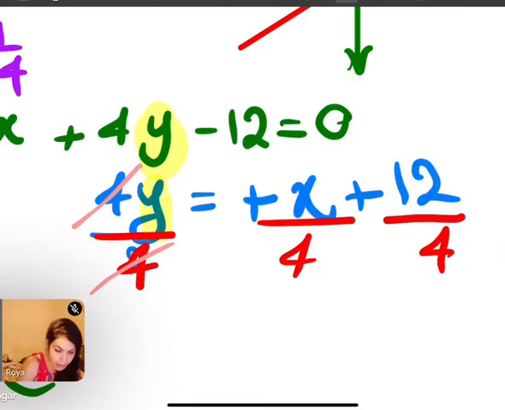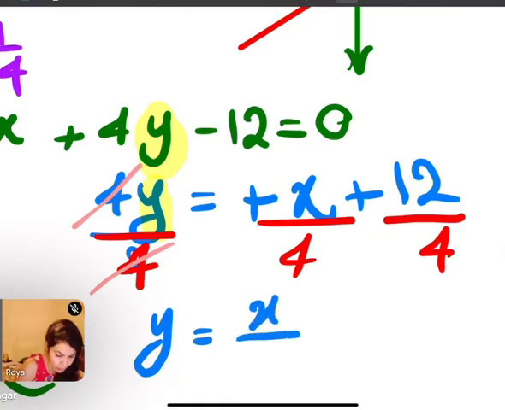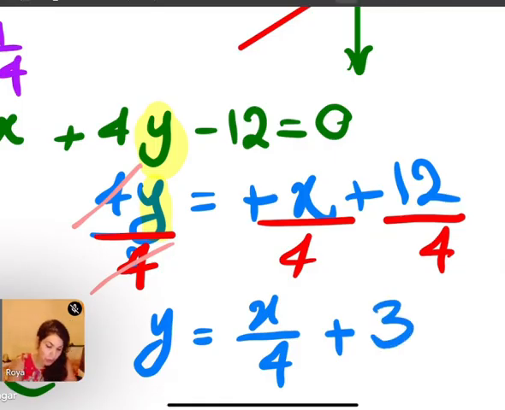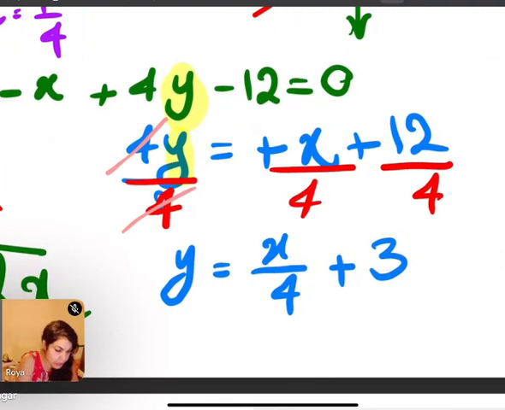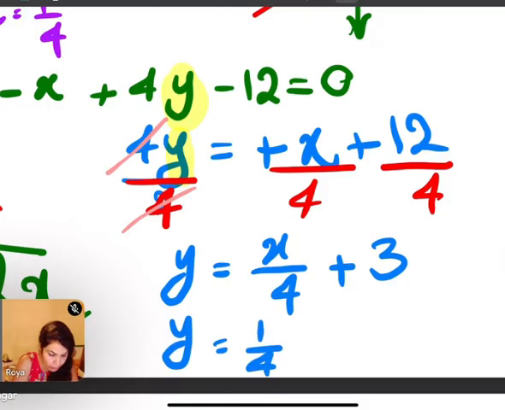And we have y equal to x over 4 plus 12 divided by 4. 12 divided by 4 is 3. Okay? And here you can rewrite it like this. Y equal to 1 over 4 x plus 3.